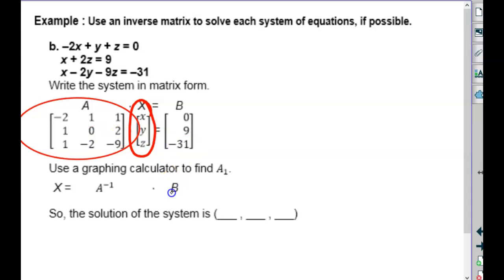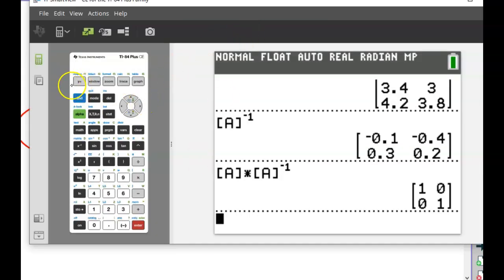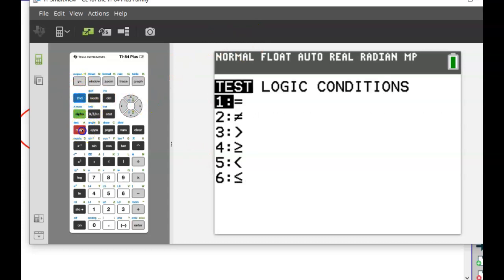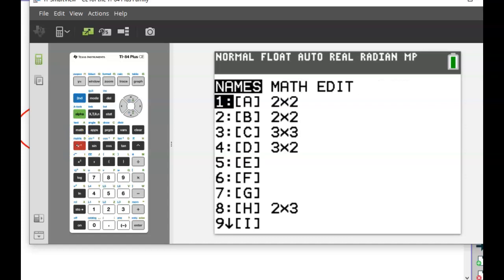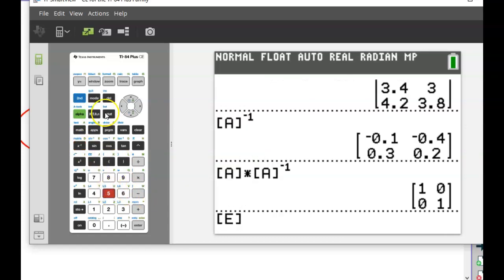Okay, how fast can you type those in? What size is the first one? It is a 3 by 3. Okay, I want to edit number 5.